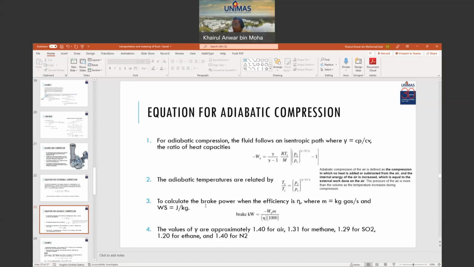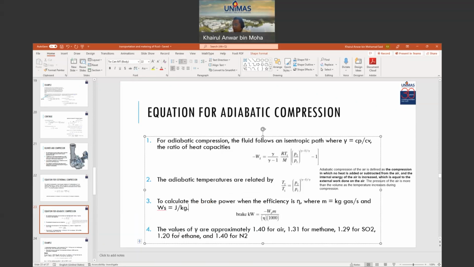To calculate the brake power when the efficiency is given, where m is in kilograms of gas per second and Ws, the mechanical energy, is in joule per kilogram, the equation is brake kilowatt equals minus Ws times m over efficiency times 1000.